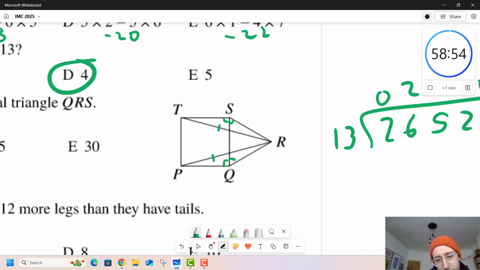These are the same. Wait, why can't I just see this? What? This is the same as this. Same as that. Oh, those are the same.